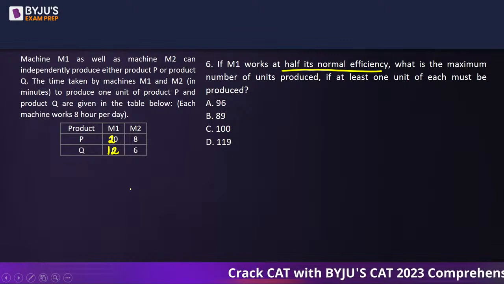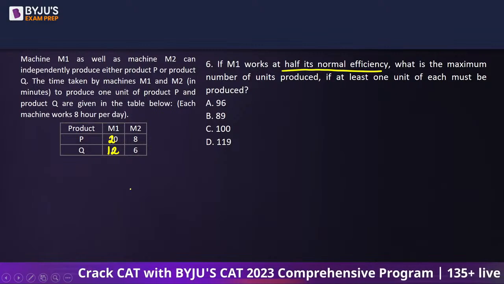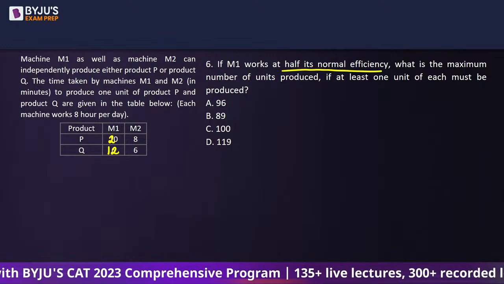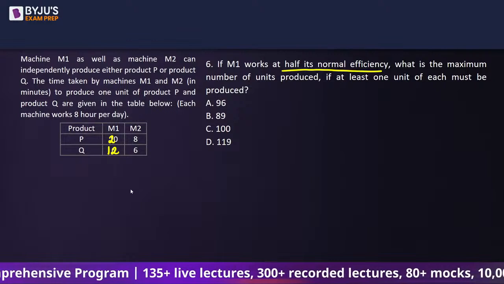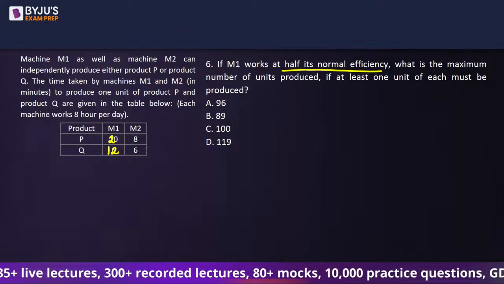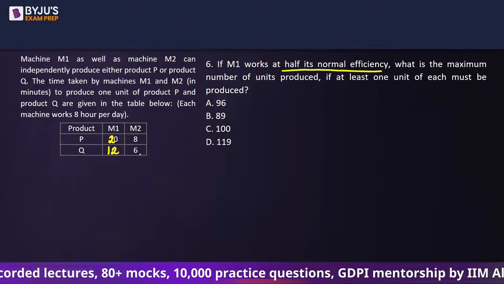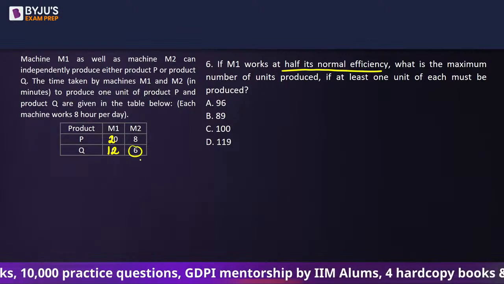What is the maximum number of units produced if at least one unit of each must be produced? Right? So in this particular scenario, obviously one particular machine can only produce one particular product at a given time.